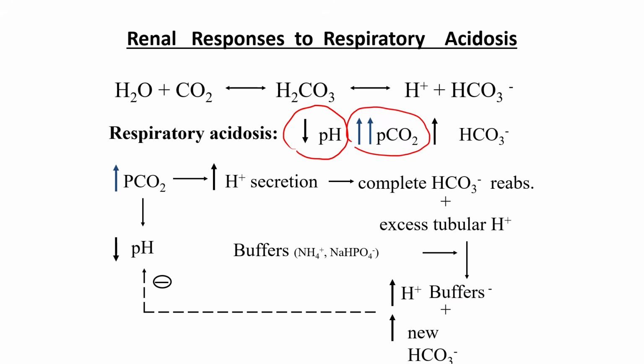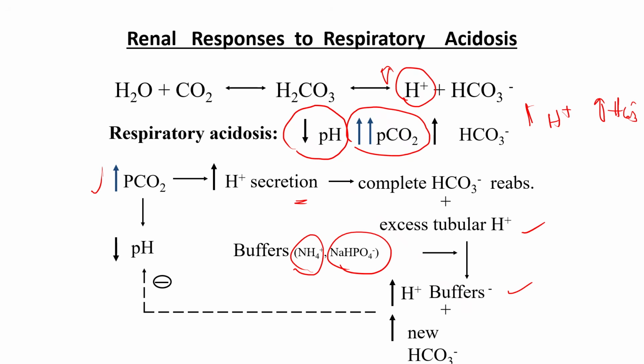So whenever there is increased pCO2, that causes more generation of H plus. So if there is more H plus, more will be the bicarbonate reabsorption, and still some H plus is left, and this H plus is handled by ammonium and phosphate buffers, which causes new bicarbonate synthesis.